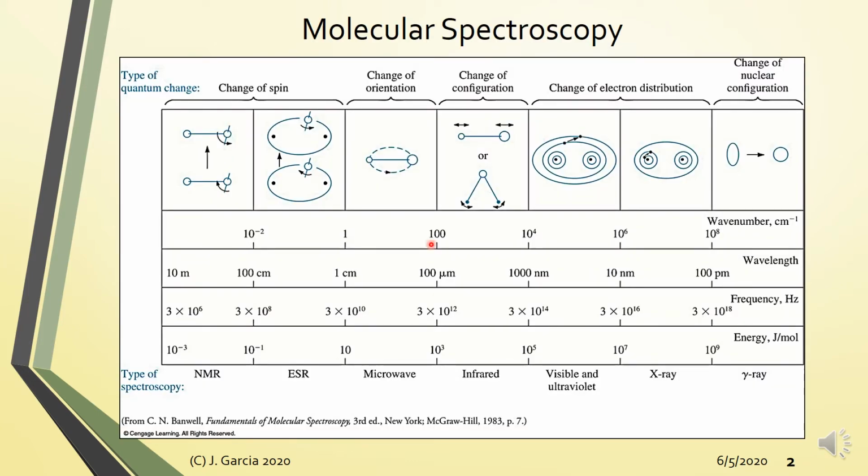As we mentioned in the beginning of the lecture on interactions of electromagnetic radiation with matter, for molecules, so that's our analyte for molecular spectroscopy, the energy of the electromagnetic radiation will have different effects on your molecular analyte.